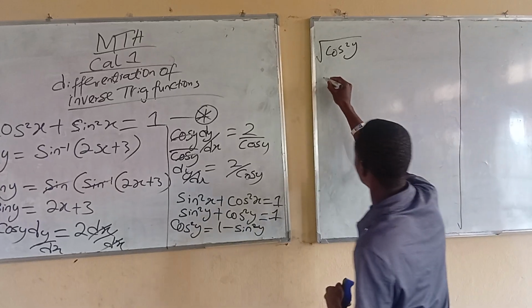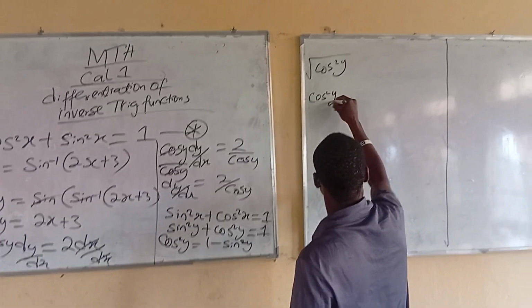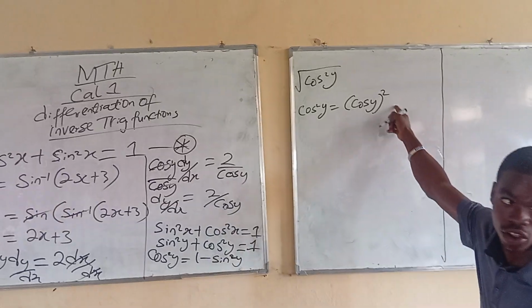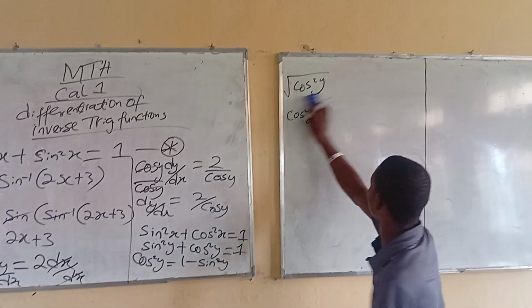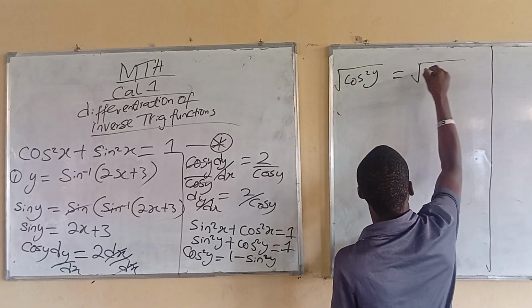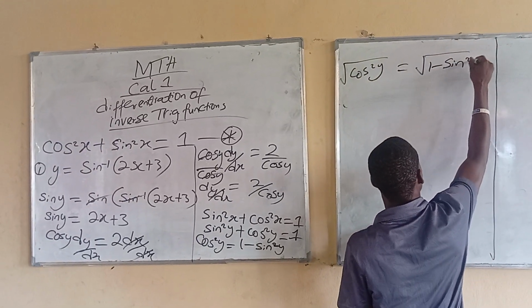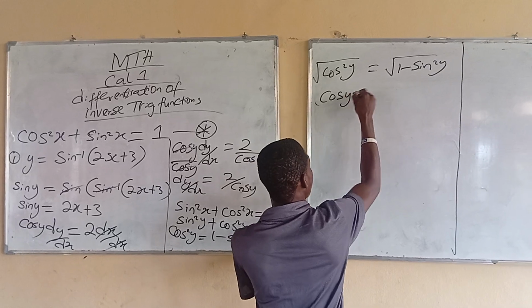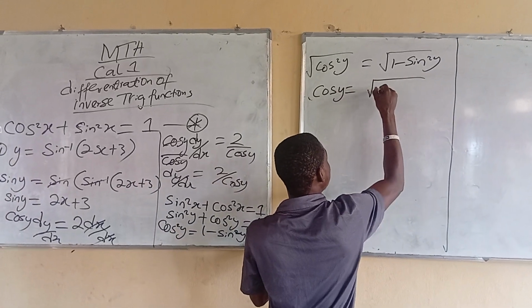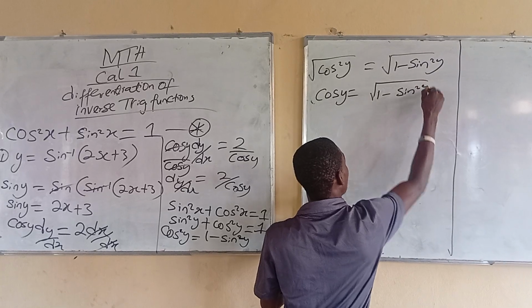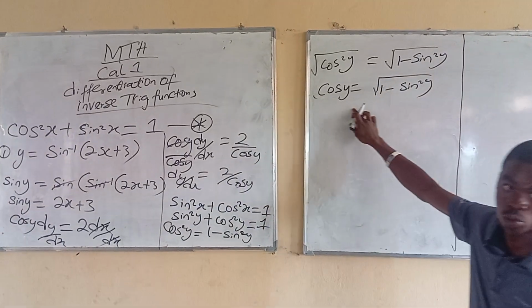You also know that the square root of cos squared y is cos y. Hope you know this. So that equals the square root of 1 minus sine squared y, right? So your cos y will be equal to the square root of 1 minus sine squared y. So now this is your cos y.